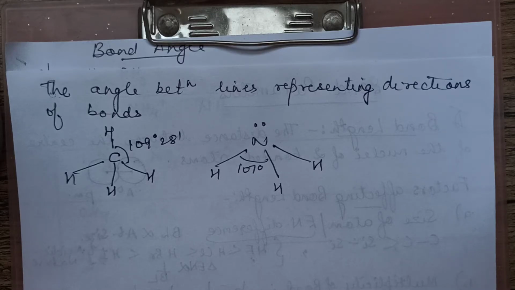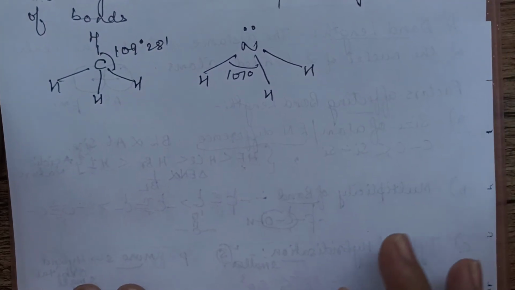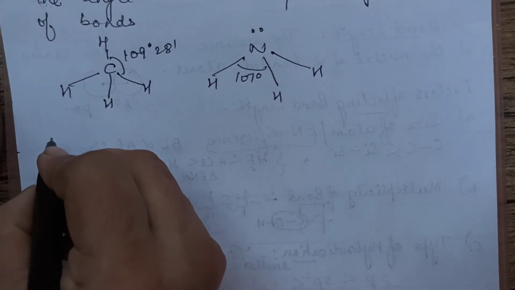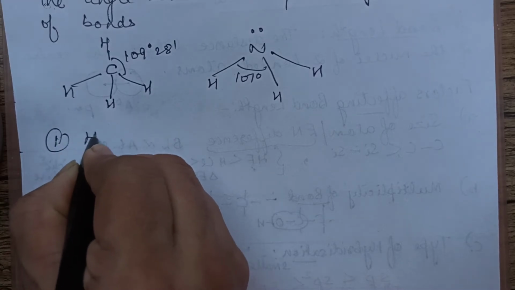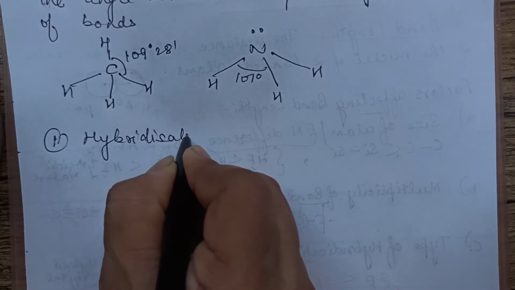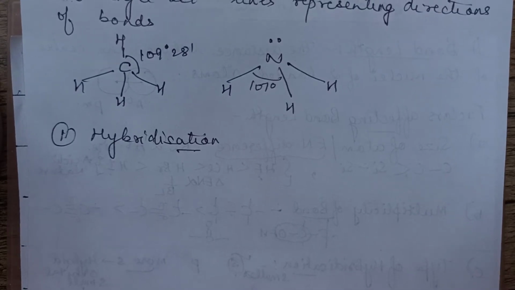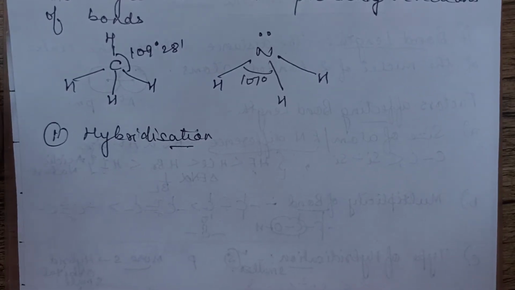Now, the most important thing in deciding the bond angle, the first important factor, is that you check the hybridization. With the hybridization, we will come to know what the bond angle will be. Or in terms of VSEPR theory, if we check, we also know the bond angle.